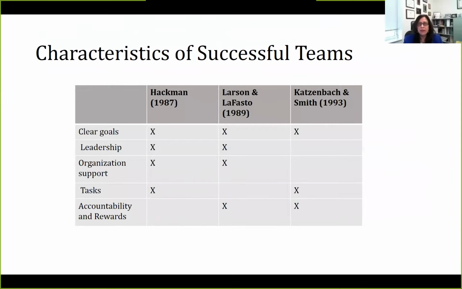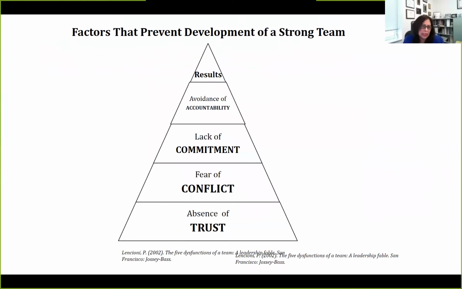In his findings, he discovered that a clear goal, mutual accountability, the task, and a complementary skill set make for a successful team. These models are presented in organizational or industrial psychology or in a management style, but some of them still give us an idea of how we can apply them to team science.